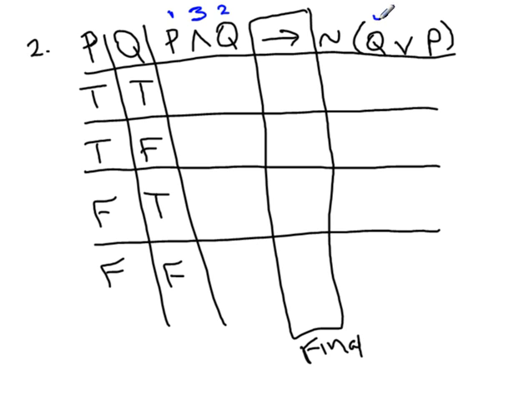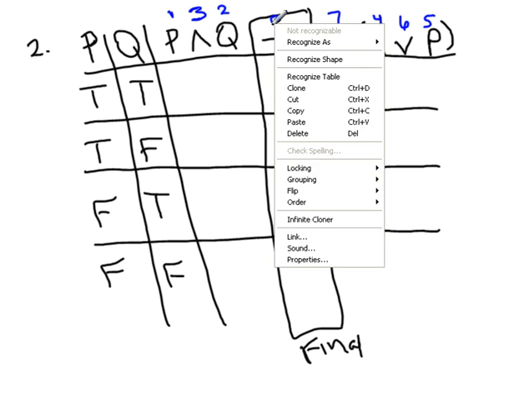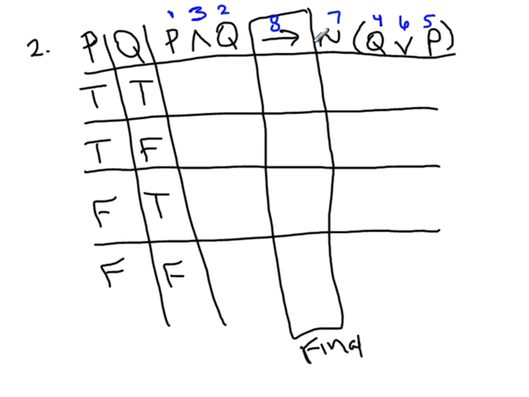So this is going to be column 4 for Q, column 5 for P, column 6 for the disjunction, and then finishing up the right side is the negation with column 7. Column 8 will be the last or the final column.